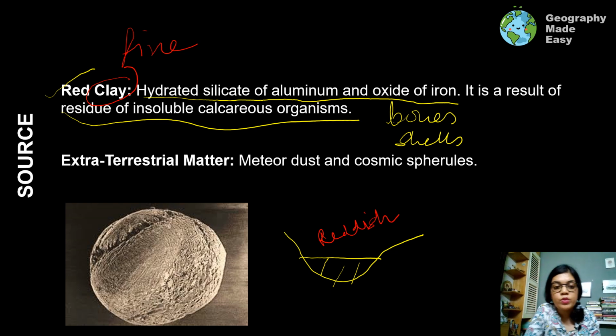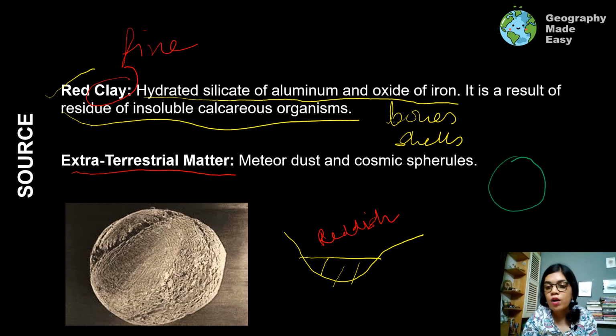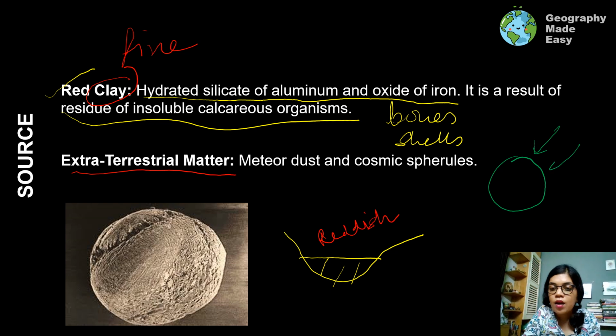Finally, we come to the extraterrestrial matter, something which is rare but is an important part of the ocean sediment as well. Any kind of meteor or meteorite entering the Earth's atmosphere from space, when it is large enough to not get completely burned, gets deposited at the bottom of the ocean, and these are called cosmic spherules.